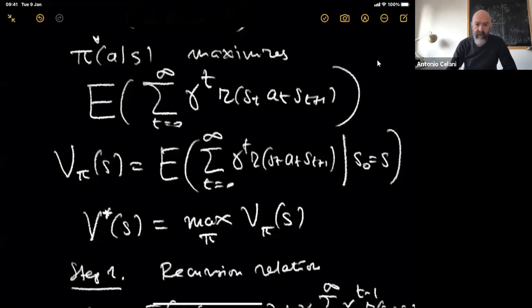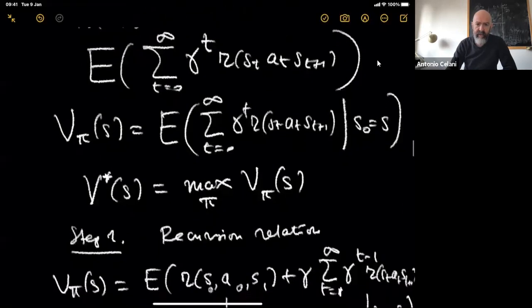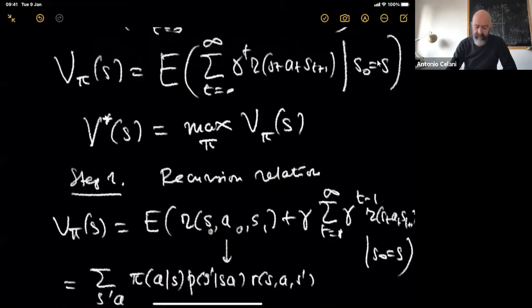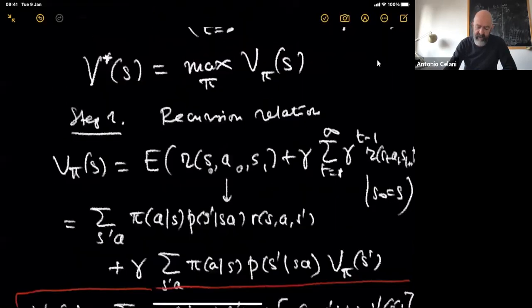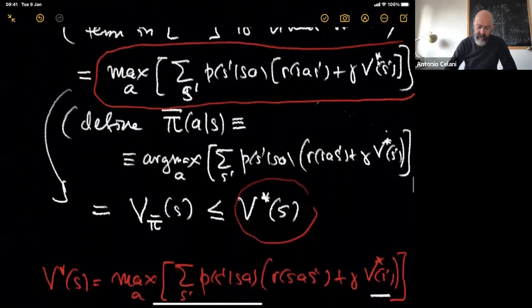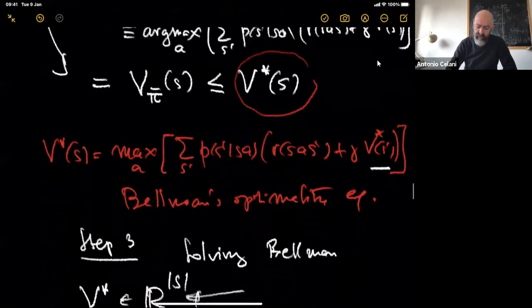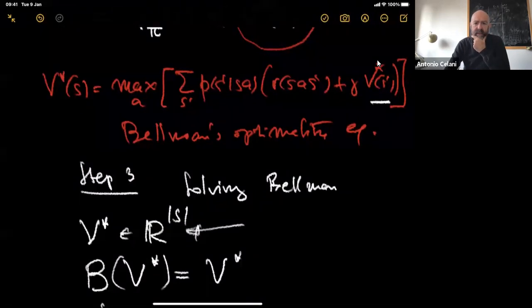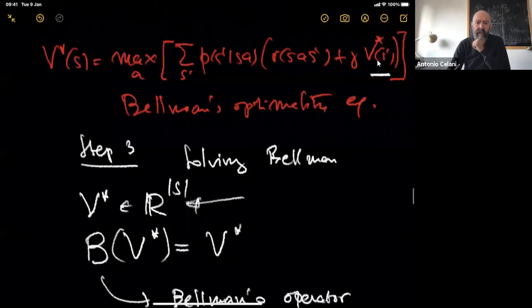All right, so given that objective, we introduced the value function, which is here at the top of the screen. And then we ask for maximization, and after a little set of manipulations, most of them of a formal nature, some inequalities, we end up with the Bellman's optimality equation, which is written here.